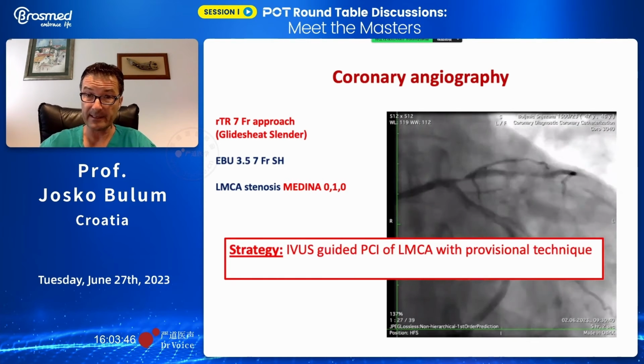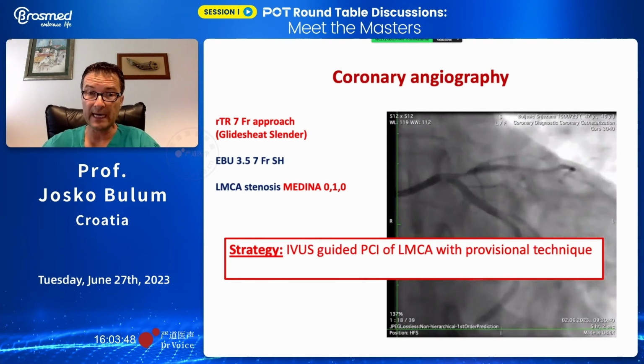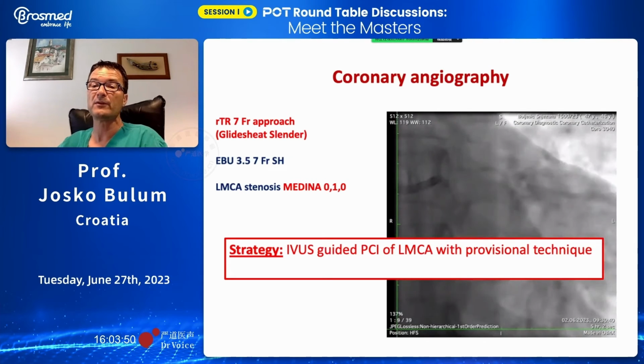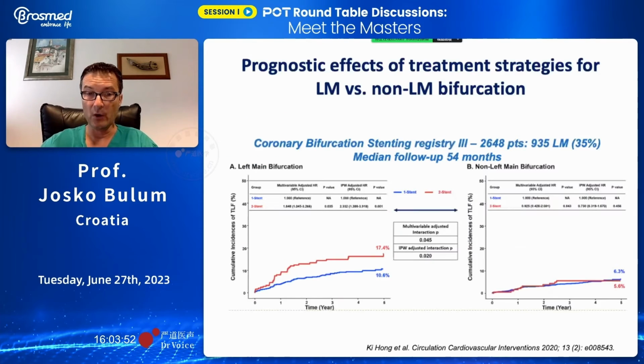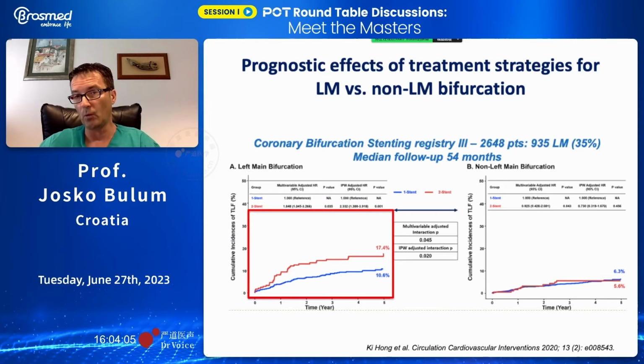So in this case, our strategy was to do IVUS-guided PCI to the left main, but with a provisional technique. We know from many studies, this is just one bifurcation stenting registry, that when we do left main bifurcation stenting and need to use a 2 stent technique, very often because the bifurcation itself is very complex, we have an increased ratio of target lesion failure with 2 stent techniques.